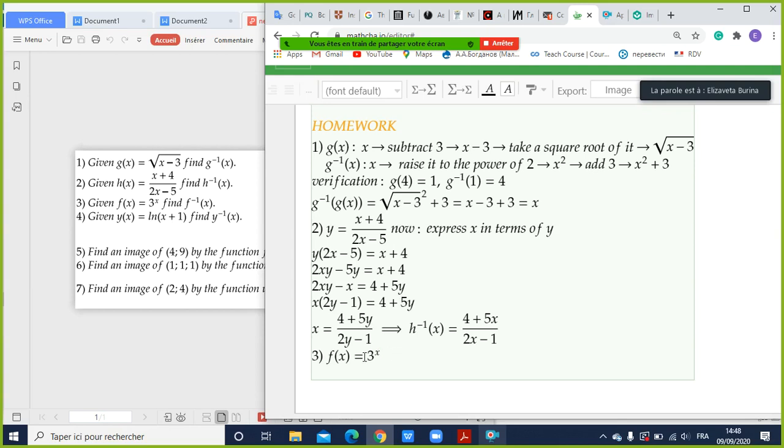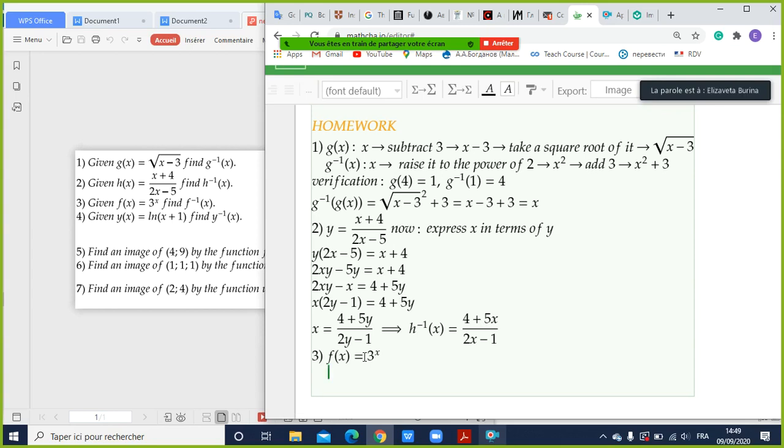We need to undo what? Again, it's really hard to understand what was done to x here. We can say 3 was raised to the power of x, so x was... you see, there is a difficulty to define it. So let's just go by the same logic as in the previous example.